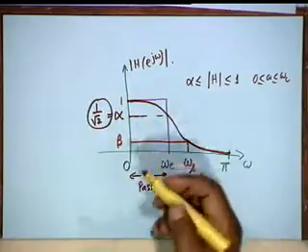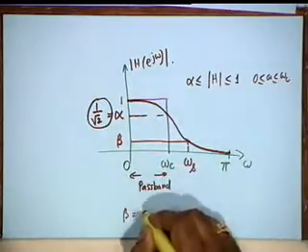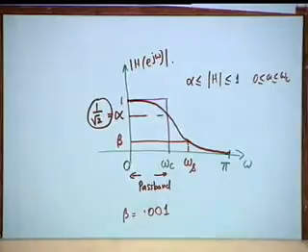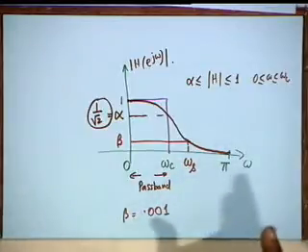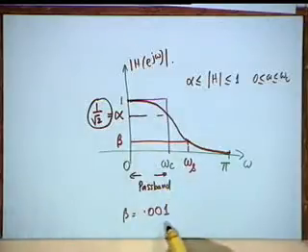For example, if beta is 0.001, 10 to the minus 3, then in decibel it corresponds to 60 decibels down. 20 log 10 of 10 to the minus 3 is minus 60. So, typically what you shall be specified is that in the stop band the attenuation must be at least 60 dB. If it is at least 60 dB, then your beta is 0.001.